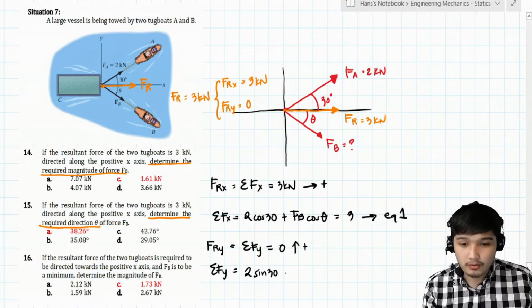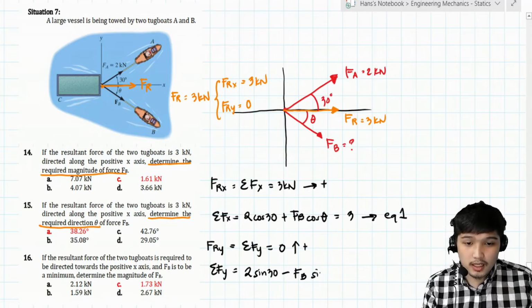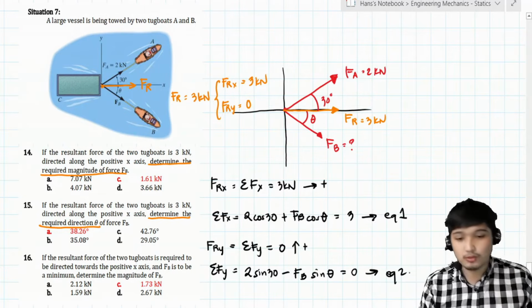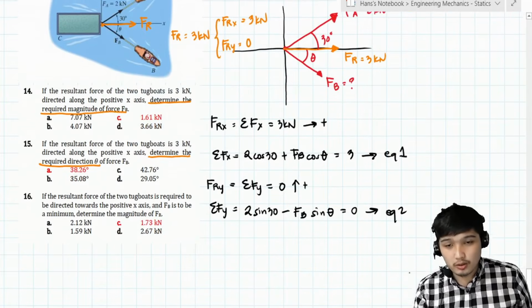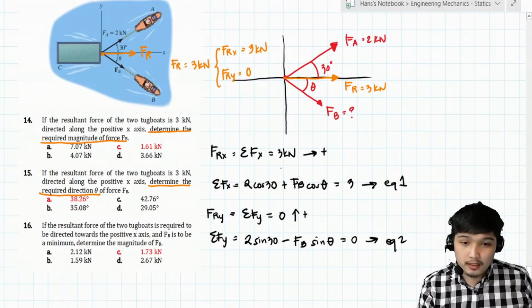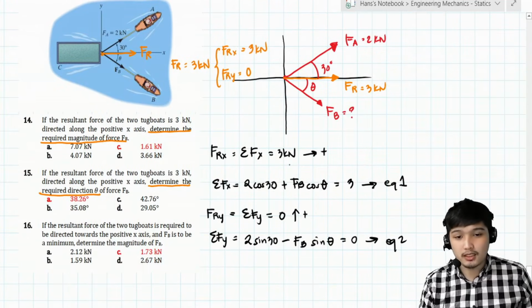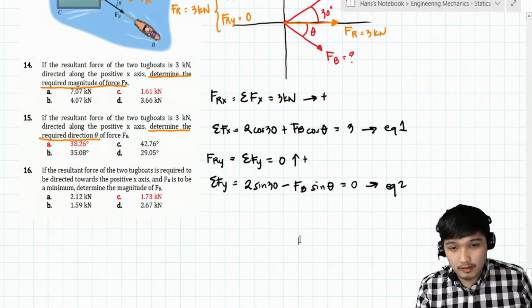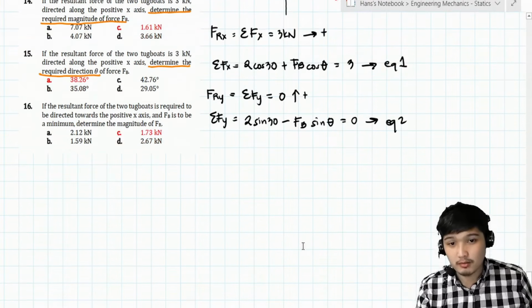And then yung FB is downward, so negative FB sine of theta naman. So this one must be equal sa 0. So equation 2. So yan, two equations, two unknowns class. Solvable lang FB and theta. Pero sige, practicein na natin paano mag-solve nito manually.